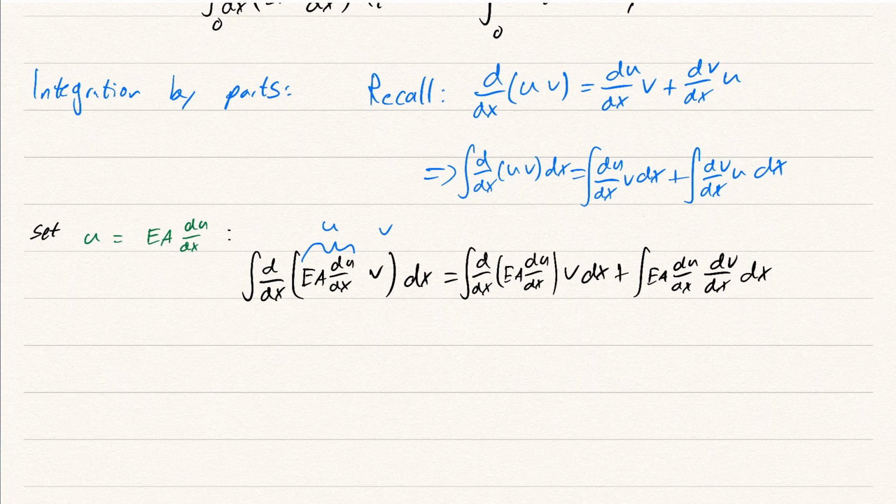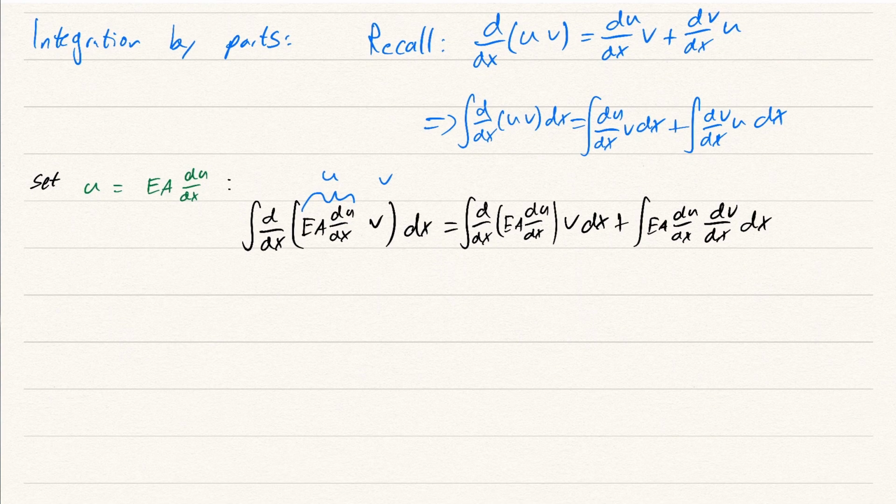Now we can take a look at what we have. If we take a look at this first term here, this is an integral over a derivative, right? So this cancels out, and we can write this in a different way. We can write it like this, because now we need our bounds. So EA du dx times v, and we attach our bounds to this.